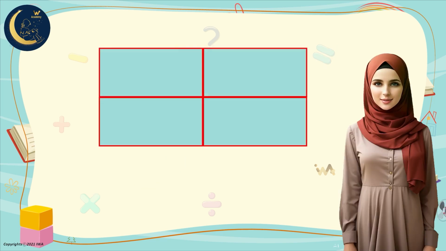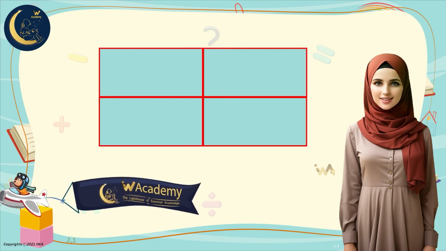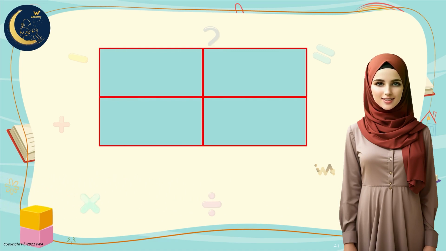Look at this shape. The shape is divided to 4 equal parts. How do we express this part? Let's draw the fraction dash. What do we write in the numerator? The number of parts that we want to express. Excellent. How many parts do we want to express here? 1.